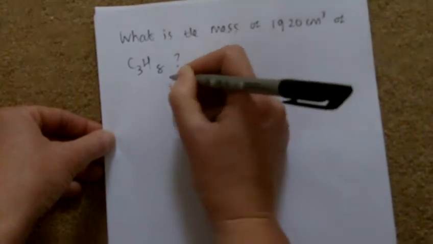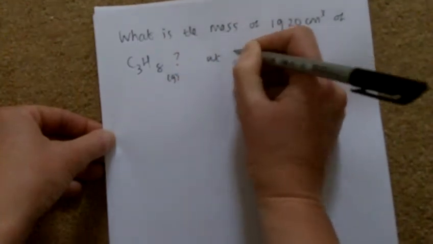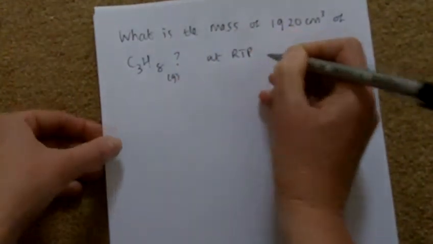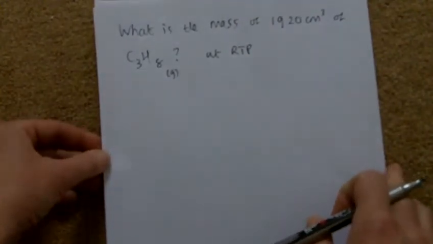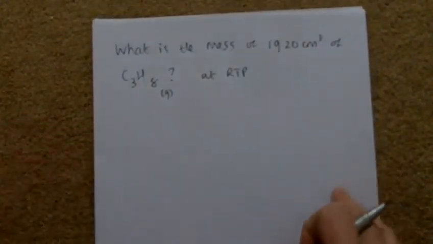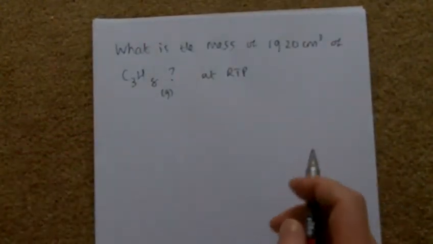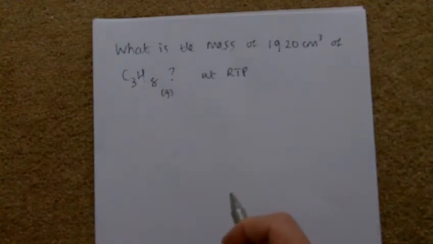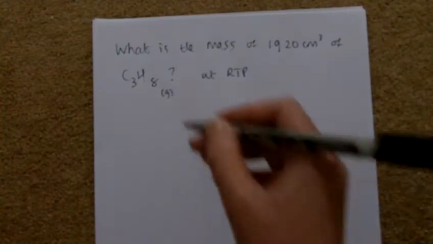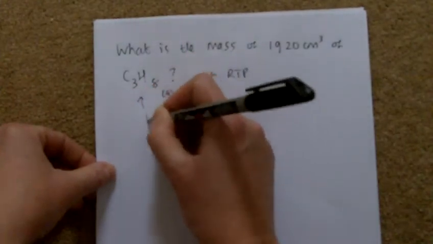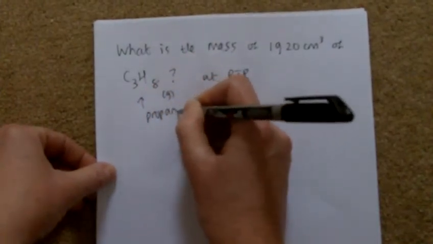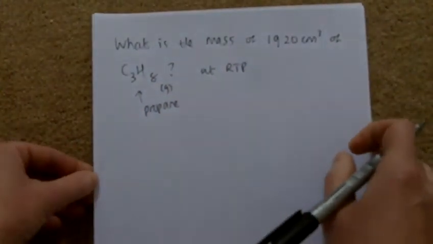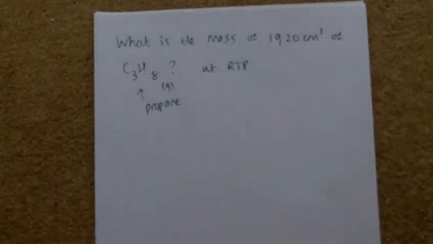This is a gas, and it's at room temperature and pressure again, so we're using the same equations. What is the mass of that volume of C3H8? That's propane, which you might recognize. So using the two equations, press the pause button and have a go at the calculation.